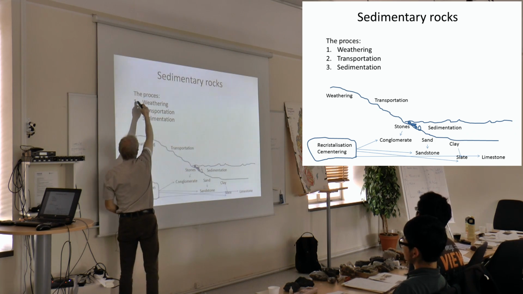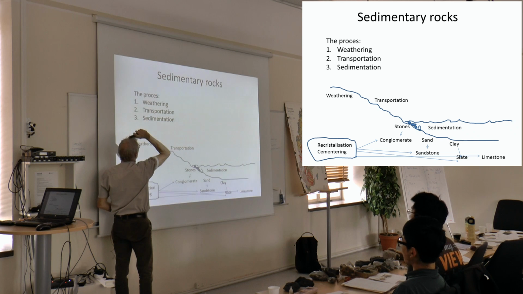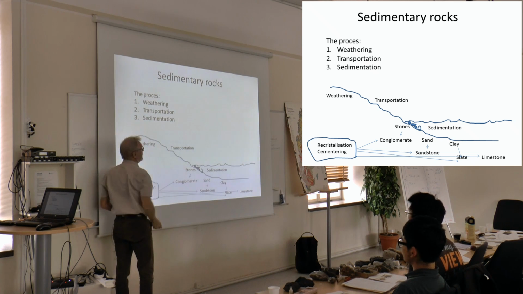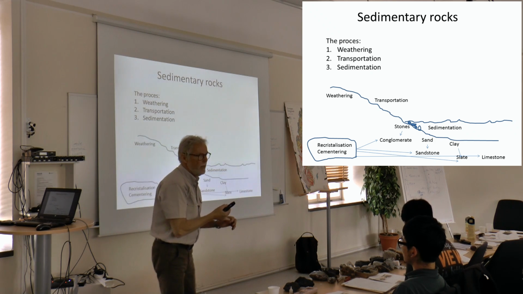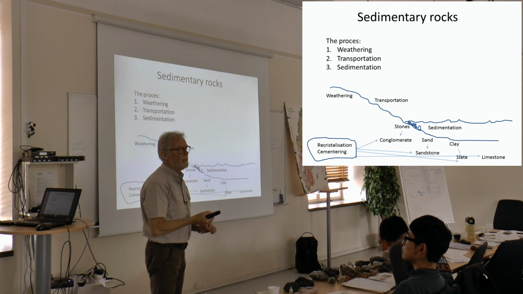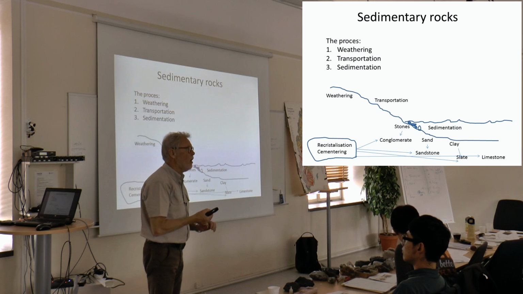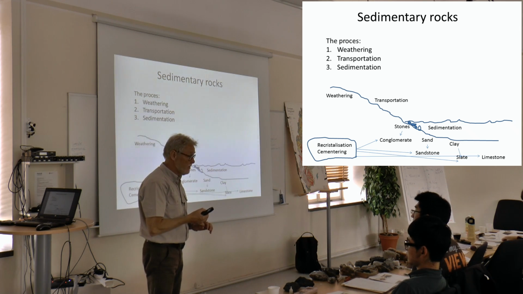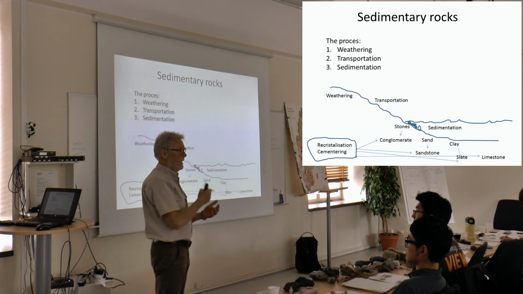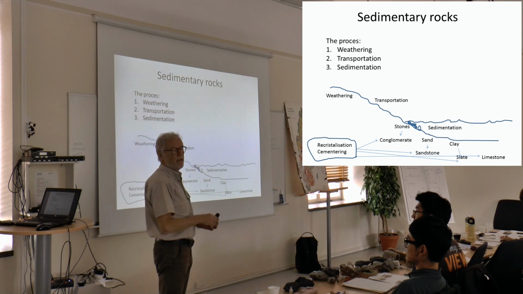So we have three processes. Weathering, and that can be mechanical weathering or chemical weathering. Mechanical weathering, at least in our areas, is inland ice. It's a big one. It will take about 50 meters during one inland ice to take away everything.